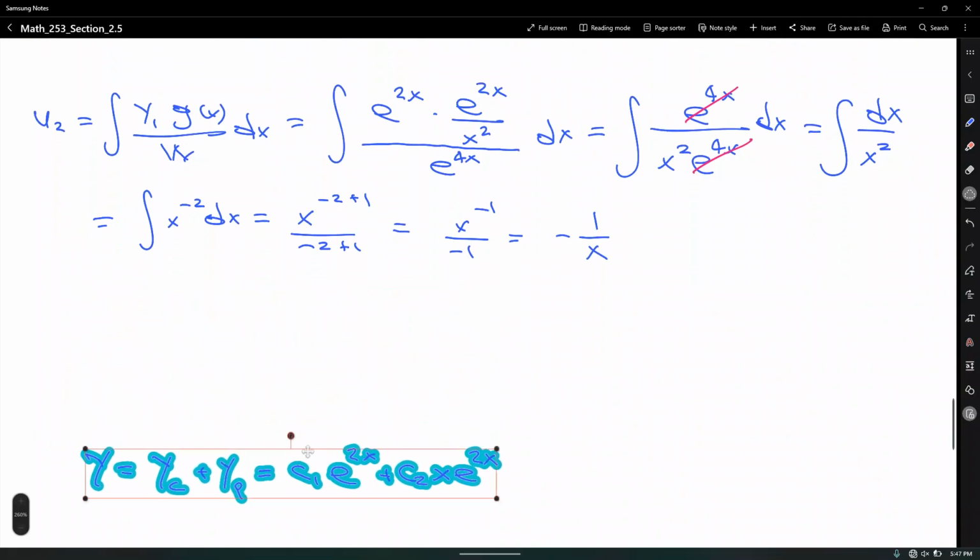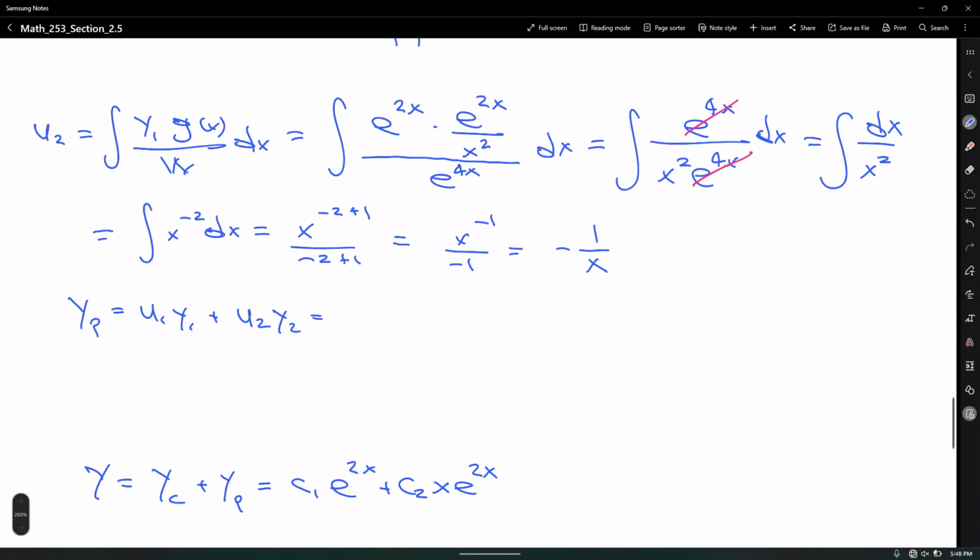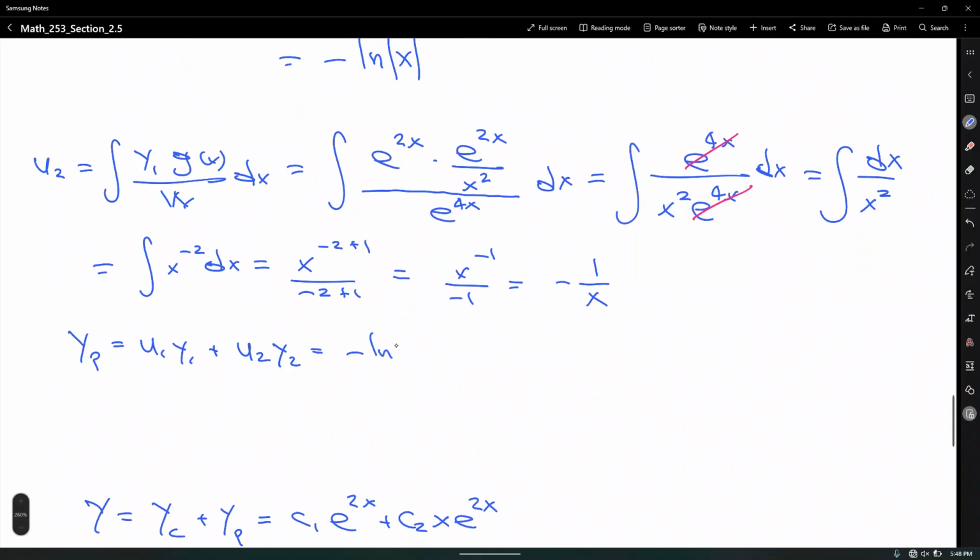I needed to write y sub p first because it requires some simplifications. So y sub p, which is u1 y1 plus u2 y2. So u1, which is negative ln x, times y1, which is e to the 2x, plus u2, negative 1 over x, times y2, which is x e to the 2x.